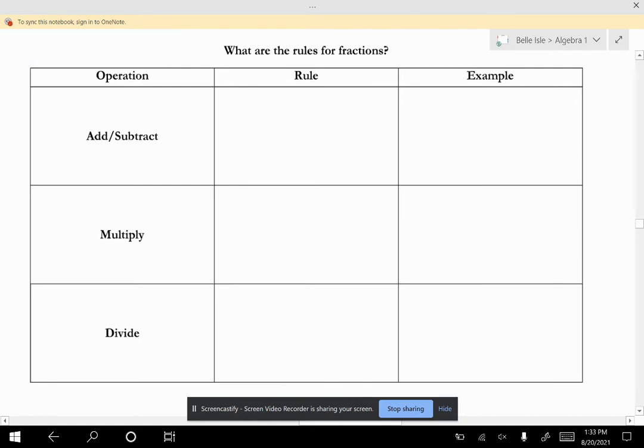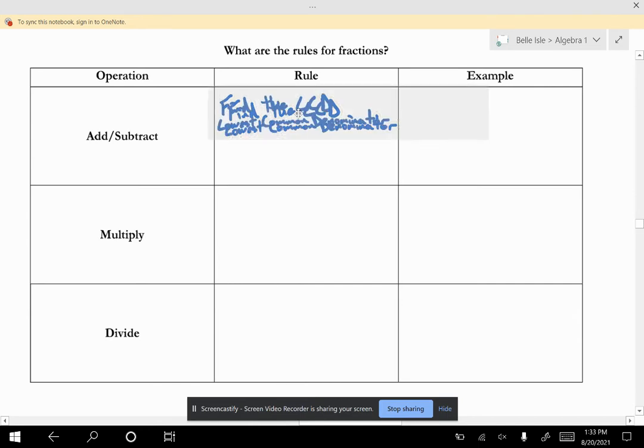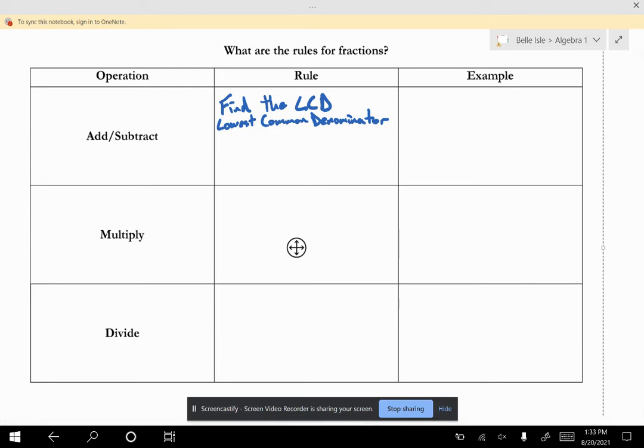Okay, so find the lowest common denominator. Okay, LCD. Lowest common denominator. Okay? What else is important?